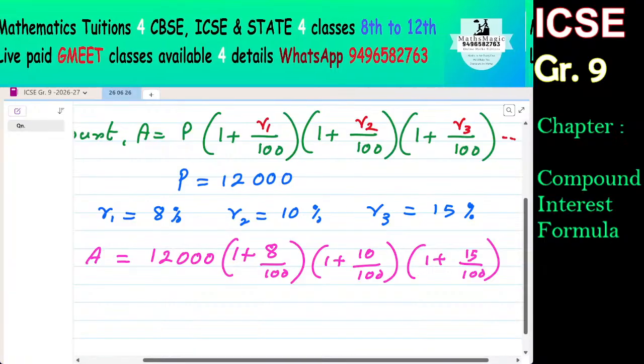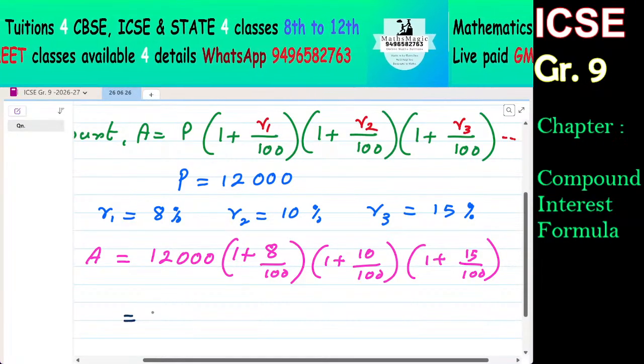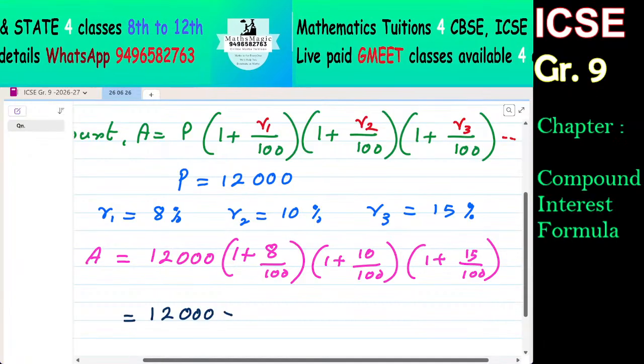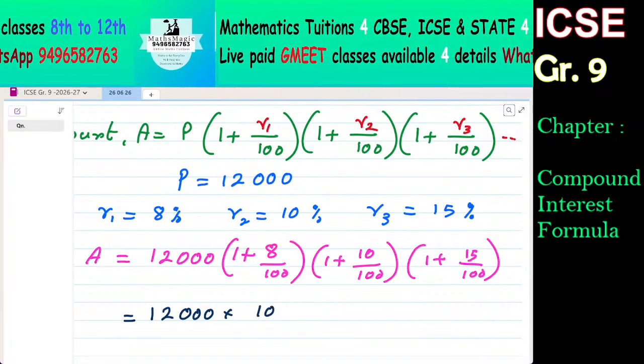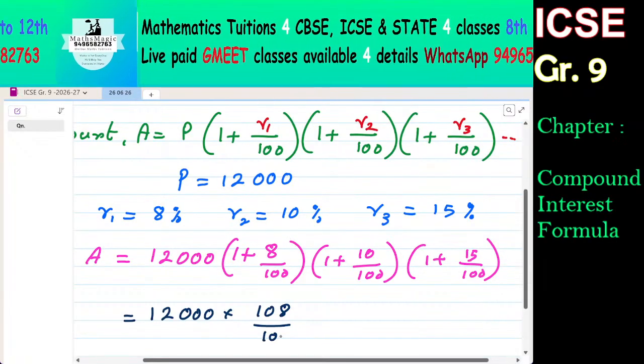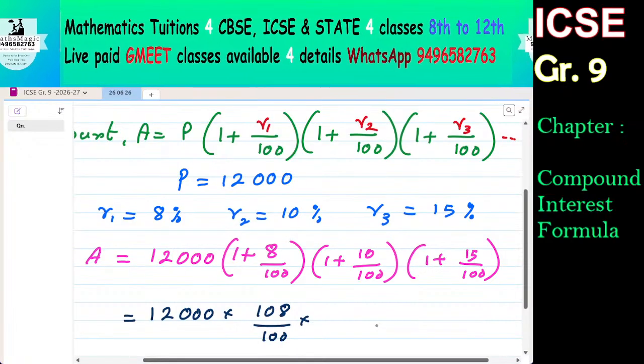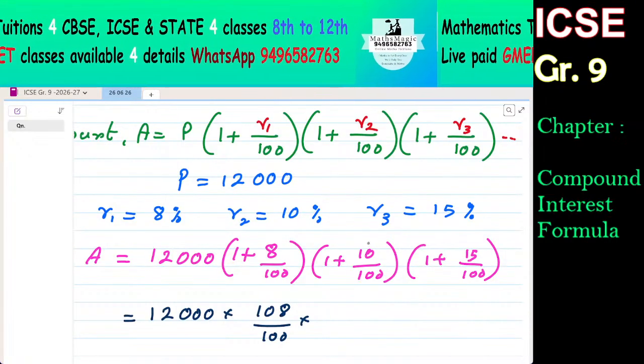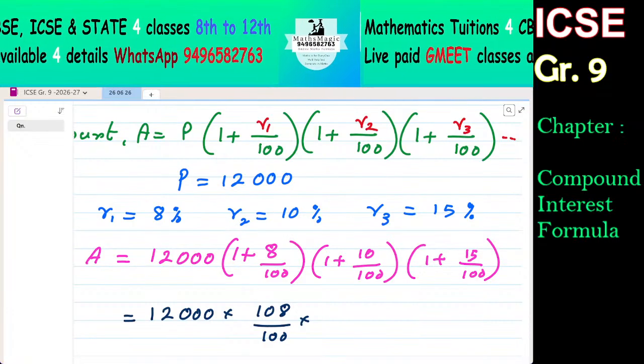You need to know how to simplify these fractions and all. You can just simply write 108 by 100, cancel the decimals later. Here you can cancel the zero. Yeah, it's okay to cancel the zeros.